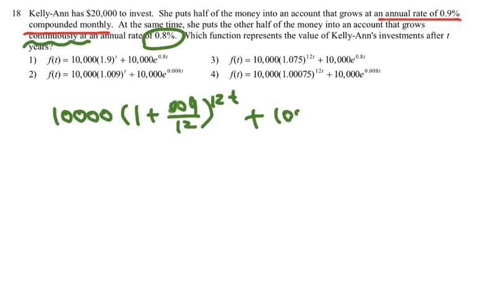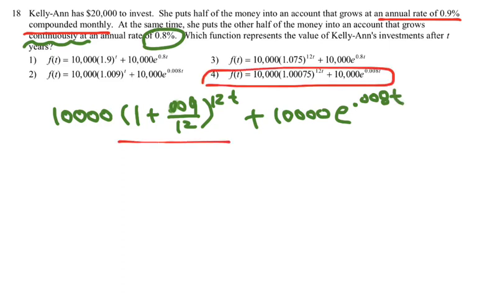And the second one is 10,000 and then e to the 0.008t. When you put this into the calculator, we get this expression. So therefore choice 4 would have been the answer.